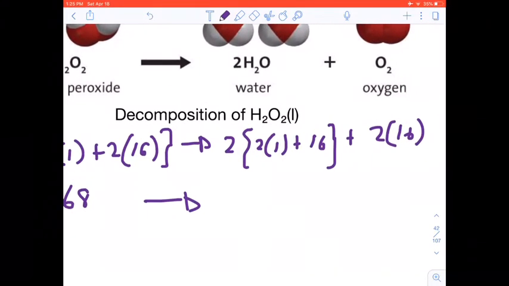And here we have 2, so it's 16 times 2 is 32, so that gives us 34.